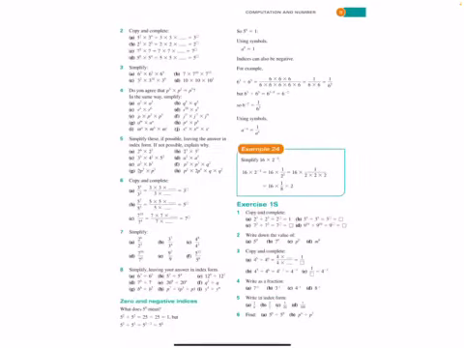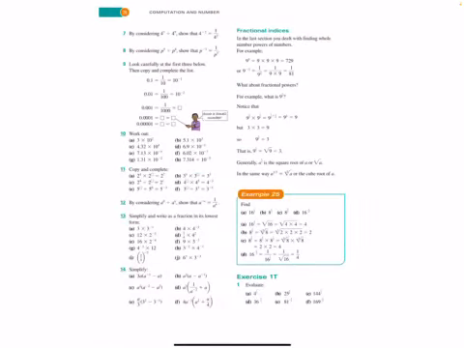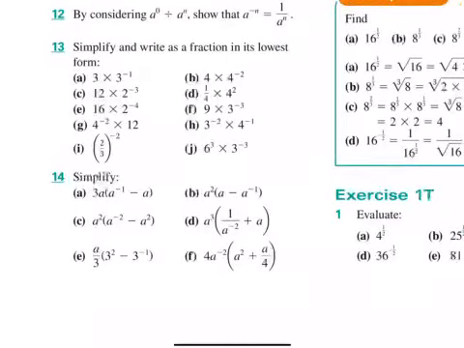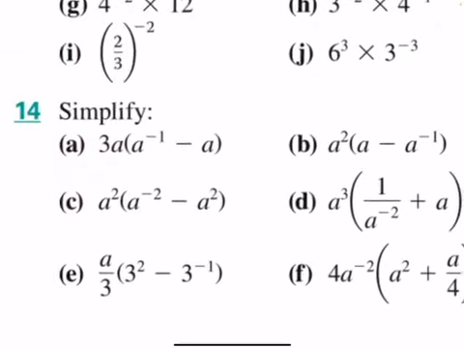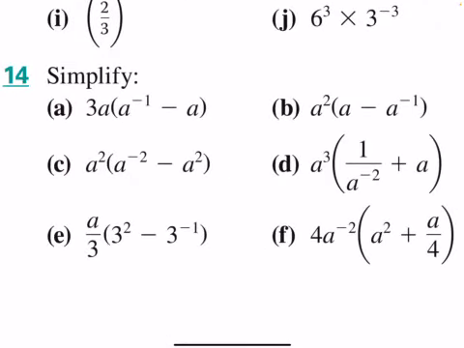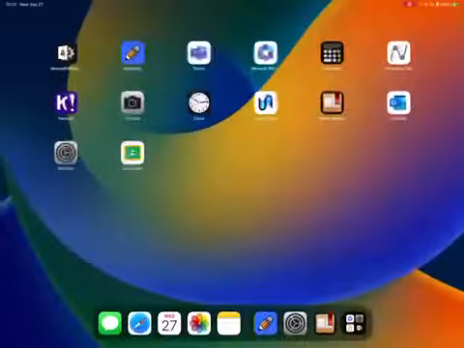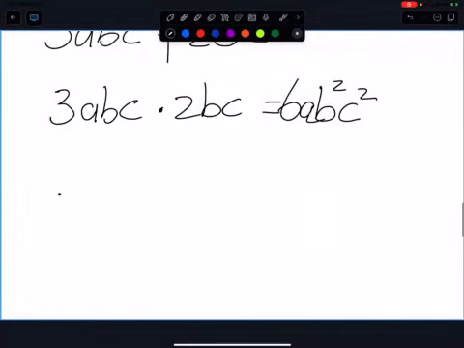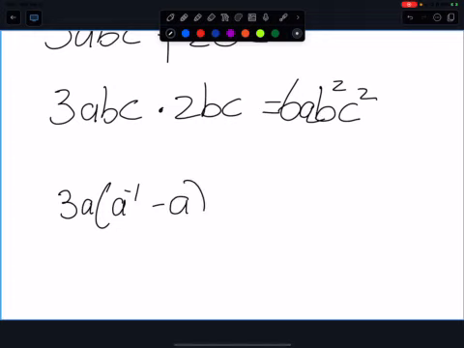So now, technically, you can make everything. Do you know how to multiply brackets? Like this: 3A, A to the power of minus 1, minus A. So what was it?